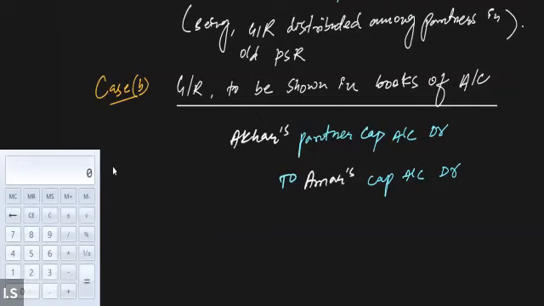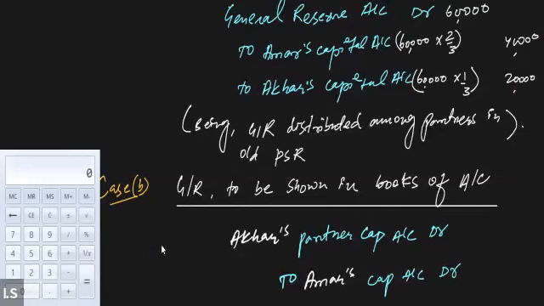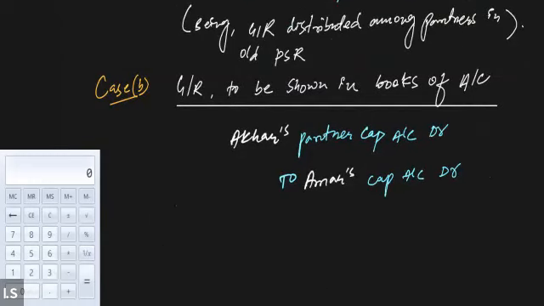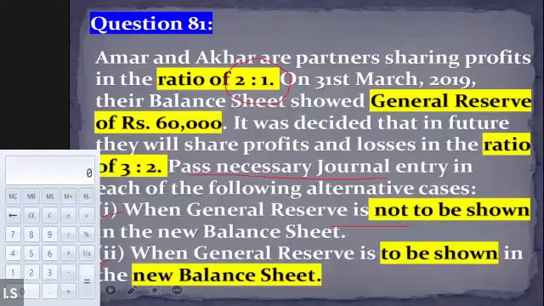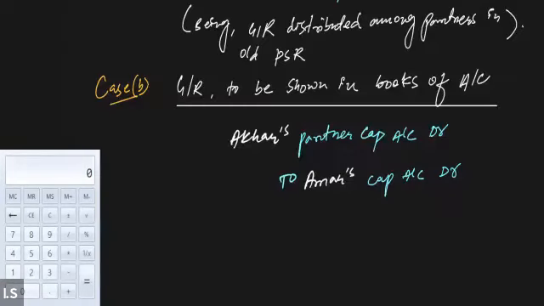The value of the general reserve was 60,000, right? The value of the general reserve that is given in the question is 60,000. So 60,000 will be adjusted among Akhar and Amar based on their gaining and sacrificing share. The gaining and sacrificing share for both the partners is 1/15.